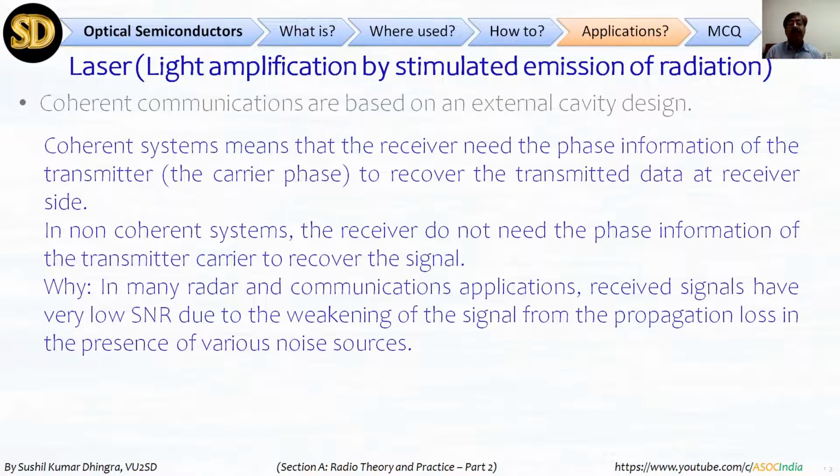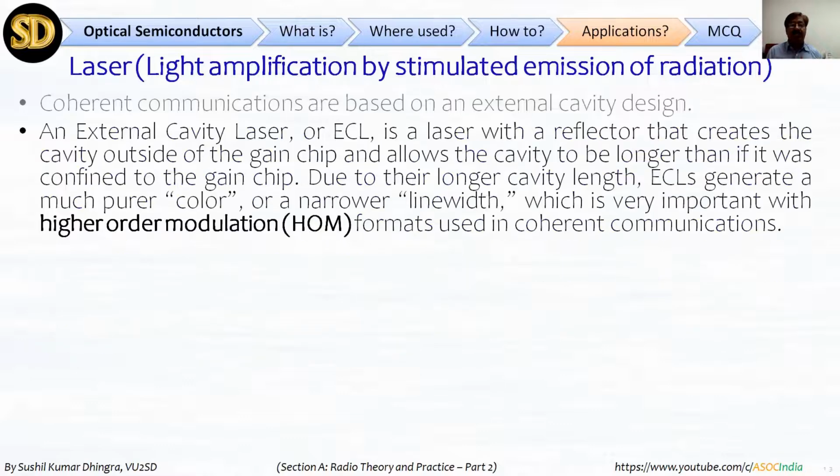Why? In many radar and similar communications, the received signal has very low SNR, signal to noise ratio, due to weakening of the signal from propagation losses and scattering, happening in the presence of various noise sources in the ionosphere. So this is very much required to understand.